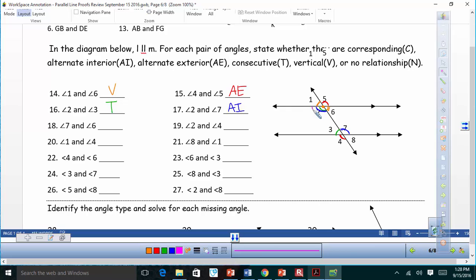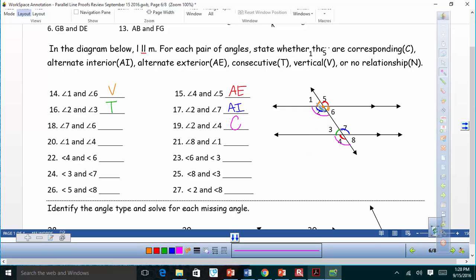So 2 is here, 4 is here. What are those? Corresponding. Corresponding is on the same side of the parallel line. So this is underneath this parallel line. This is also underneath the parallel line, and they're on the same side of the transversal. They're both on the left.